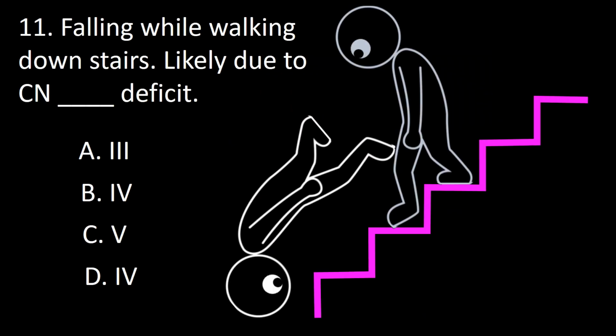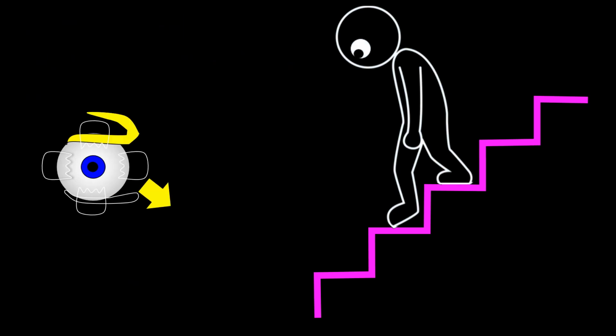Next question, falling while walking downstairs, likely due to cranial nerve dash deficit: A, 3; B, 4; C, 5; D, 6. When walking downstairs, both eyes are looking down and in. The main muscles for looking down and in are the superior obliques.